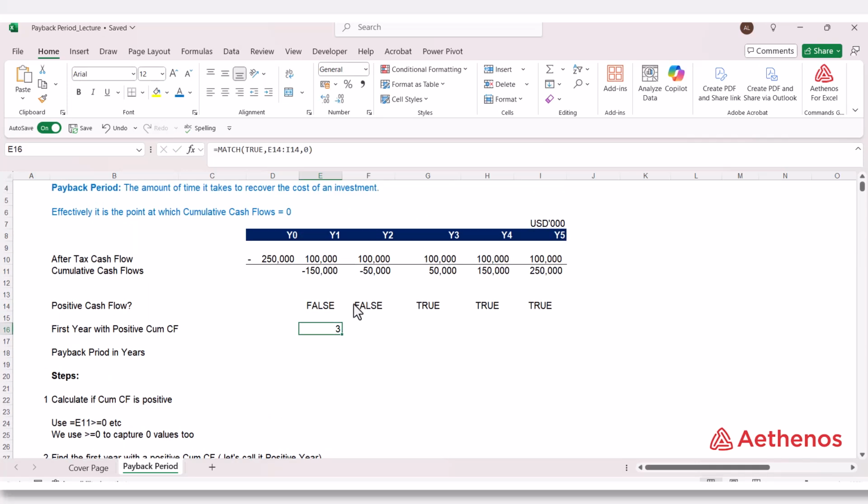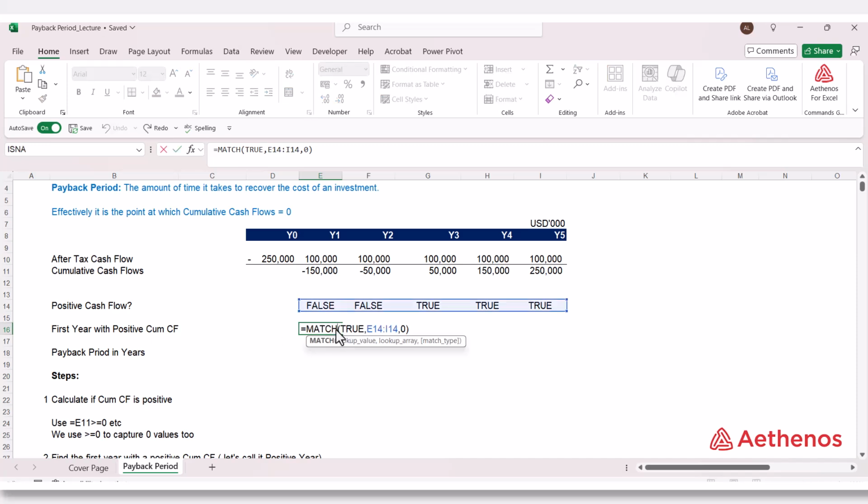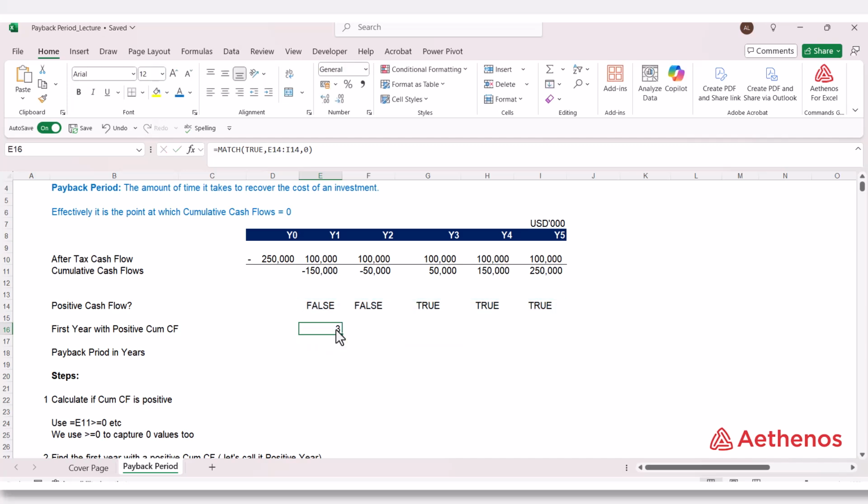So from this I find the positive value in number terms is year 3. So this is 1, 2, like that. This is the third year when cumulative cash flow becomes positive. So I can use this function to find the first year when the cash flow becomes positive. So now I know it's year 3.